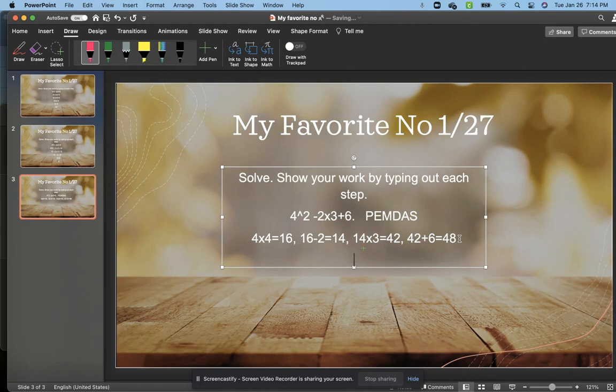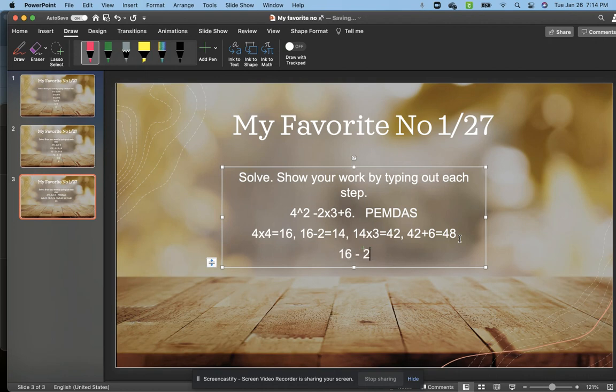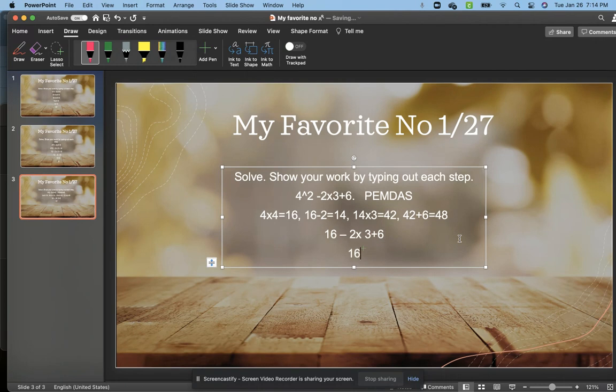which in this case, if she brought everything down, it would be 16 minus 2 times 3 plus 6. And then if we did the multiplication, that would give you 16 minus 6 plus 6.